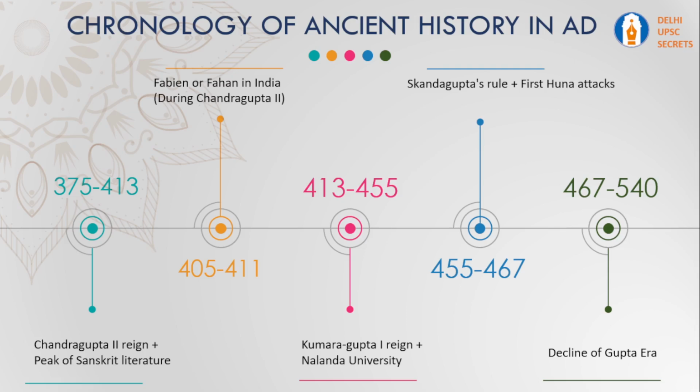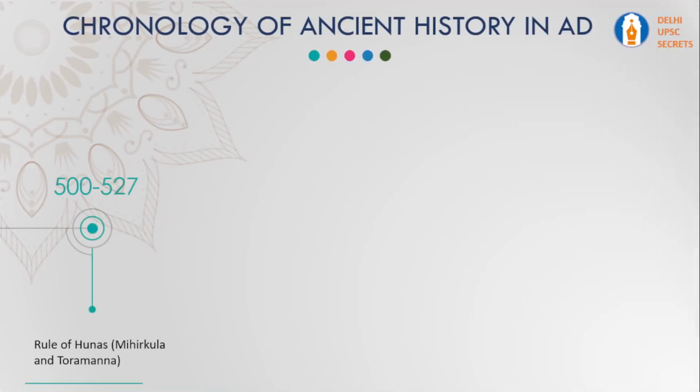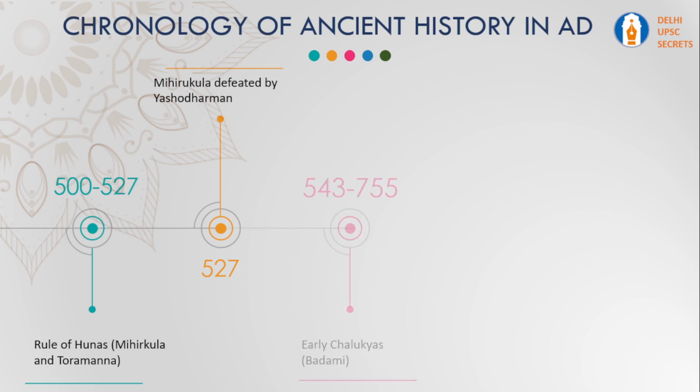After that, in the post-Gupta period, regional kingdoms started rising, and there you also see the rise of Harsha's empire. Moving forward, 500 to 527, as I told you, is the Huna invasion into the region, and in 527 Mihirakula is defeated by Yashodharman.